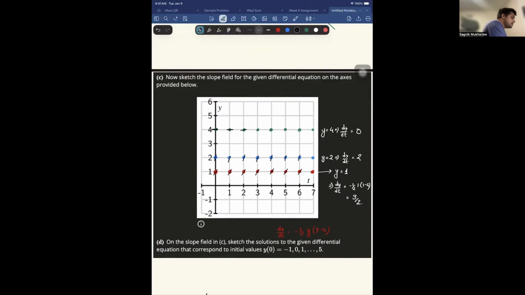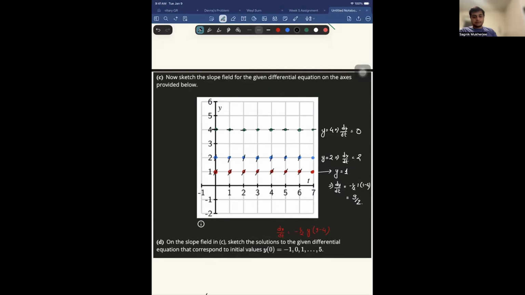We want a straight line, a horizontal one. And so on.